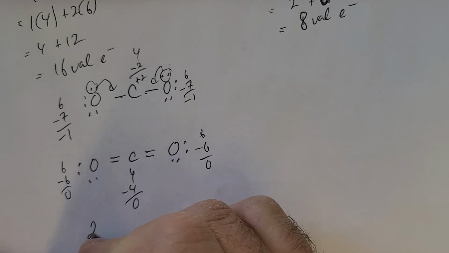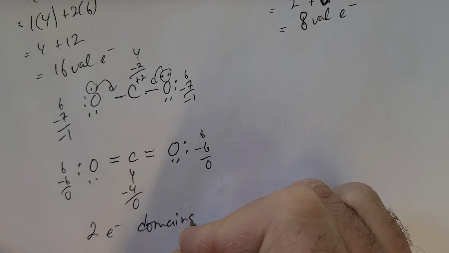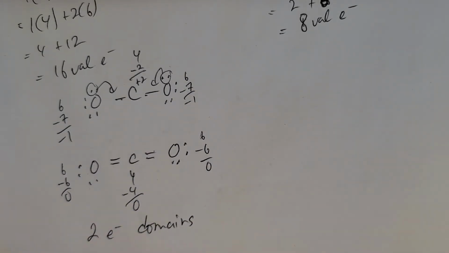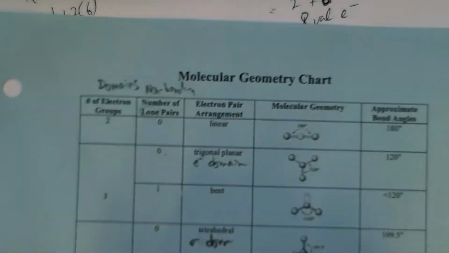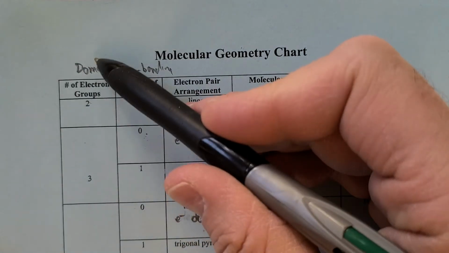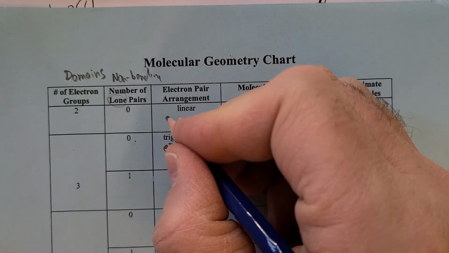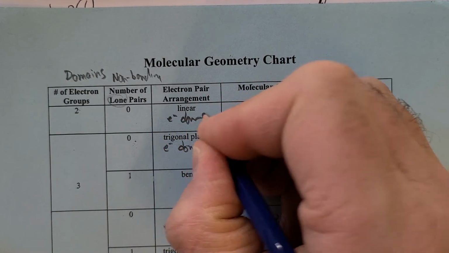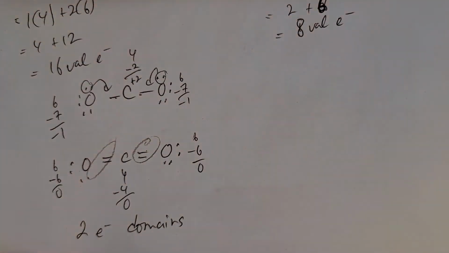All right, so looking back, I have 2 electron domains around the carbon, right? I have 2 areas where I can find electrons. 1, 2. And when I have 2 electron groups or 2 domains, there's only one possibility here. The electron domain geometry is linear, and also the molecular geometry is linear as well.